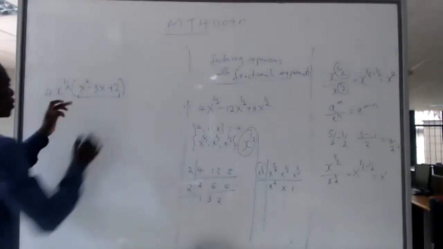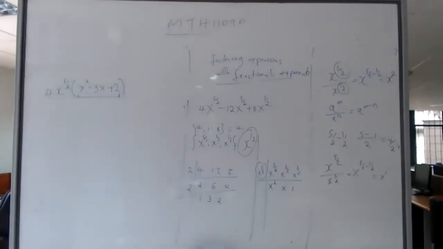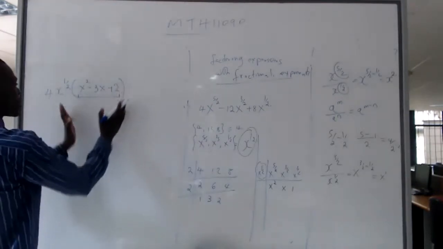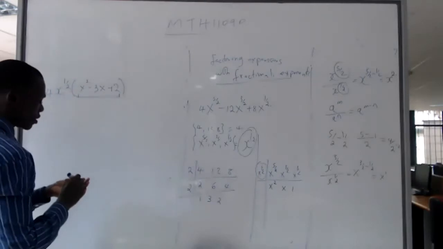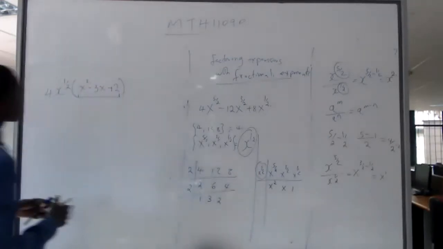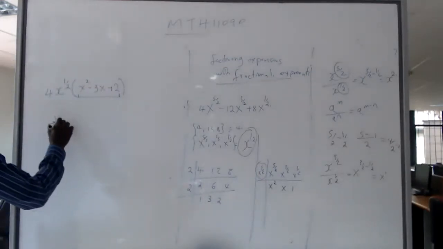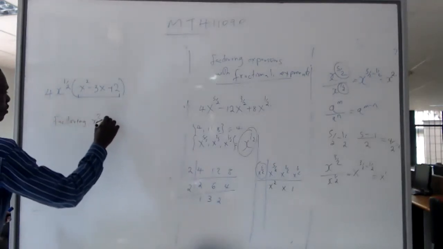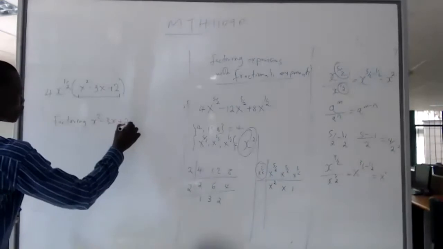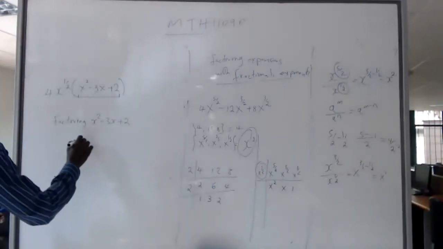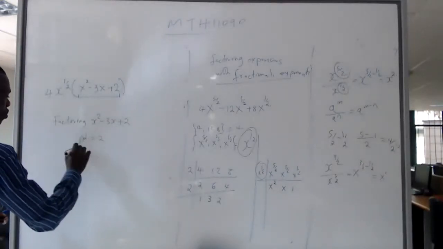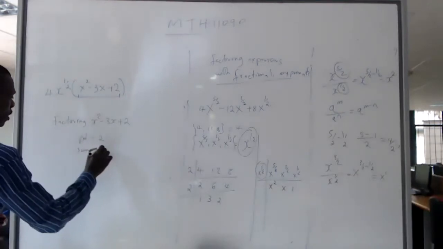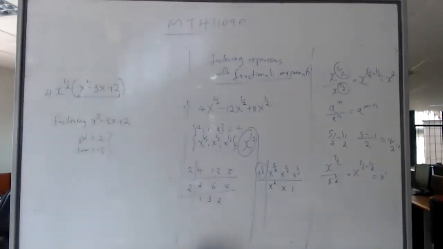Then now check if this part can be factored, because this is a trinomial. To factorize this second part, x squared minus 3x plus 2, you need 2 terms whose product is 2 and sum is -3.